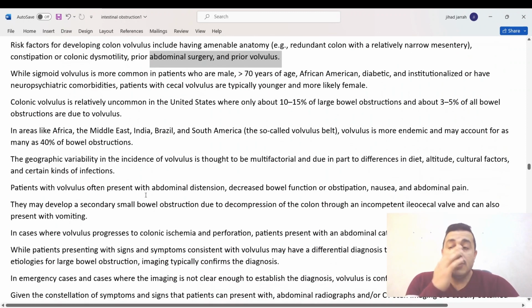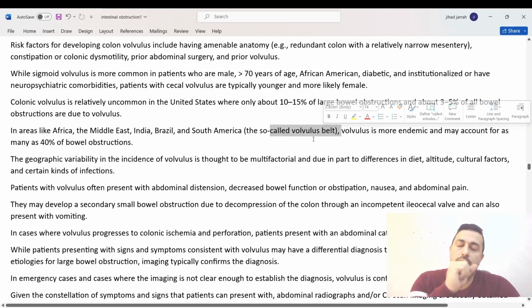Actually, the colonic volvulus, either sigmoid or cecal, is endemic in some places and not that common in others. For example, in the United States it's not common, but it's more common in areas called the volvulus belt on the world map.